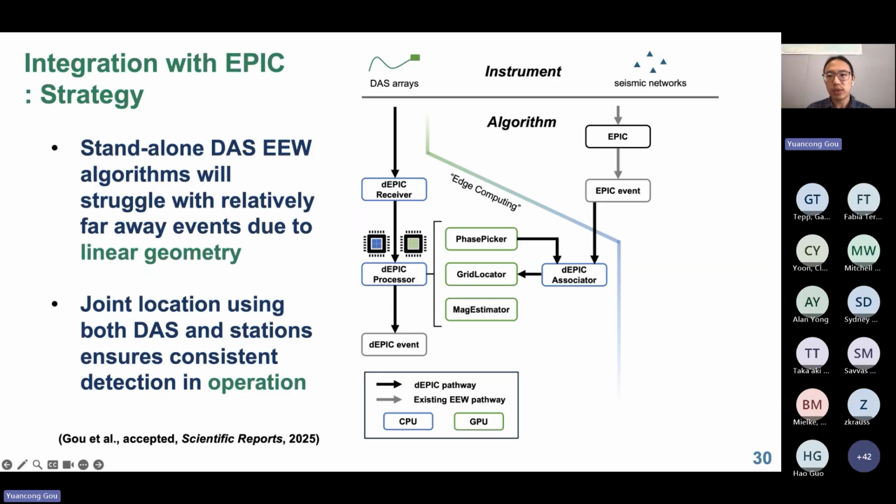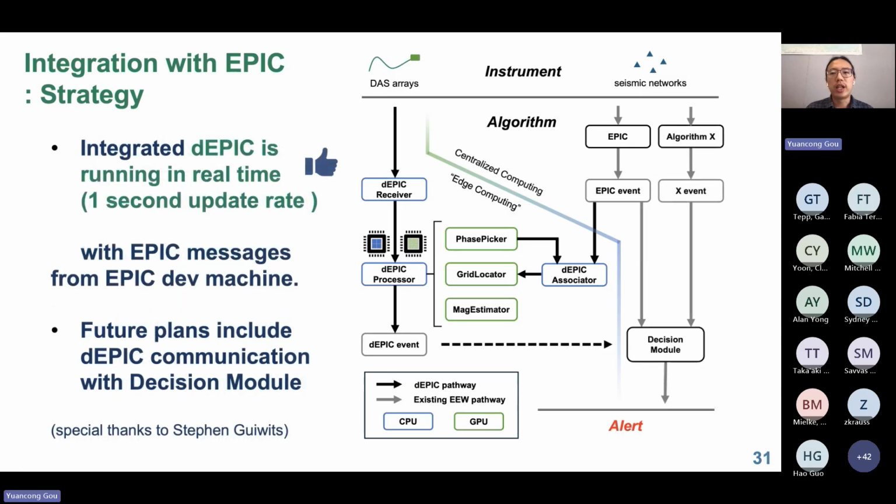And once it produces a dEPIC event, we will listen to the event and try to associate it with the picks on the DAS cable. So if there is an event, and at the same time we have some picks on the DAS cable, and it is associated, we will do a joint location to ensure consistent detection. And now this is the whole workflow.